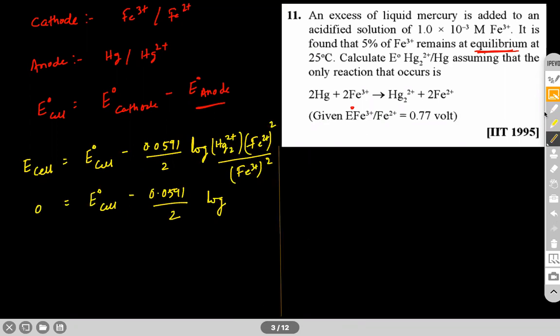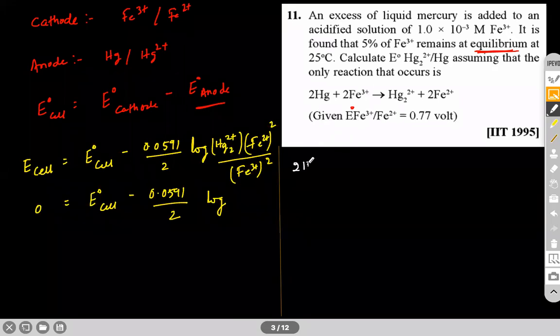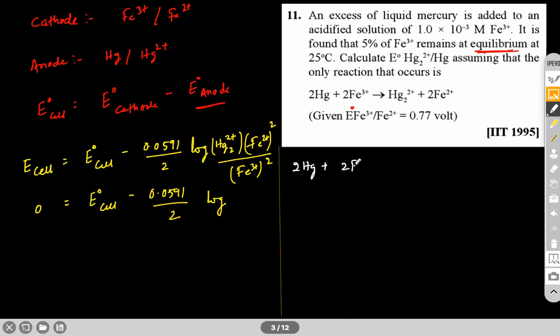See this, the reaction is 2 Hg plus 2 Fe3 plus gives Hg2 2 plus plus 2 Fe2 plus.